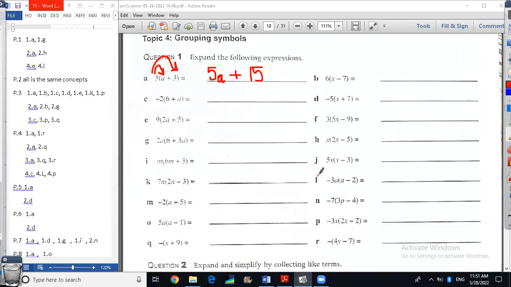All right, what is next? Here, question L. Negative 3a, I'm going to multiply it by a, becomes negative 3a squared. Negative 3 times negative 2 just becomes positive 6a.